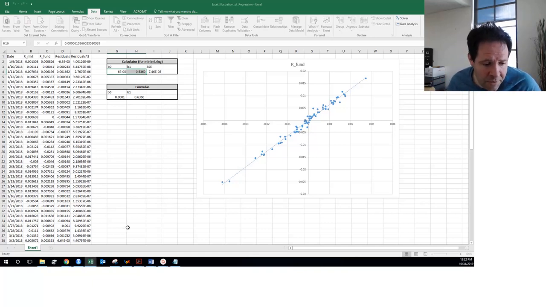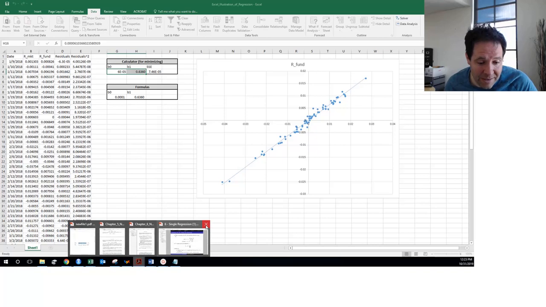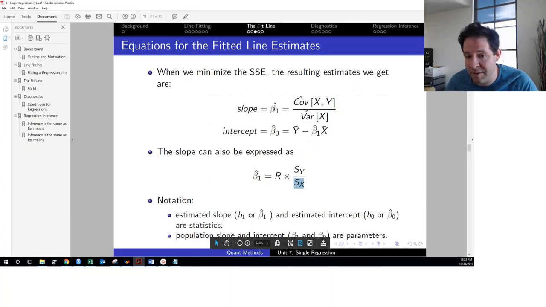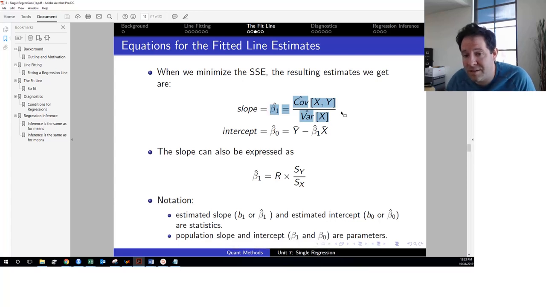Now, part of the point of this is that it's nice that we don't have to do the numerical optimization and kludge our way through things. Going back to these regression formulas, there's no numerical optimization here. That is the slope of the regression line that minimizes the sum of squared errors.